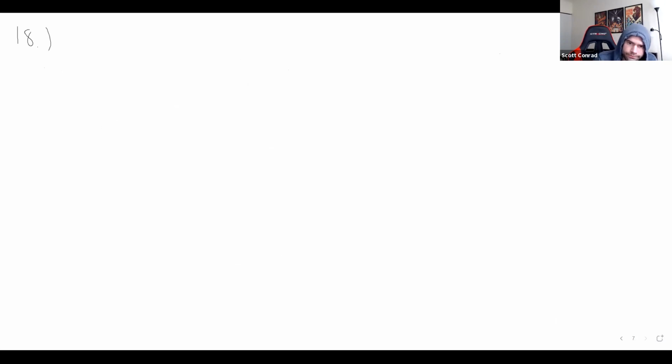So 18, f of x, y, z is 2x plus 4y minus 4z. We want to find the max and min on the sphere x squared plus y squared plus z squared equals 9.